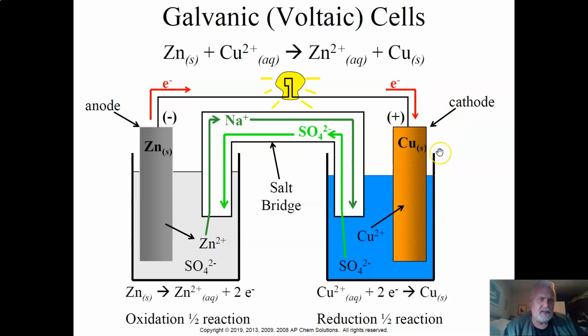So reduction occurs at the cathode. And then this is weird, but there's an ox named Anne, which I think is a really cool name for a great big ox. You know, you just go, hi Anne, the ox. So Anne the ox. Anode is oxidation. Cathode is reduction.